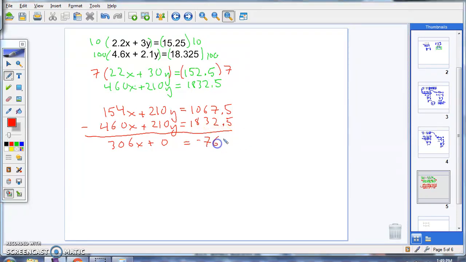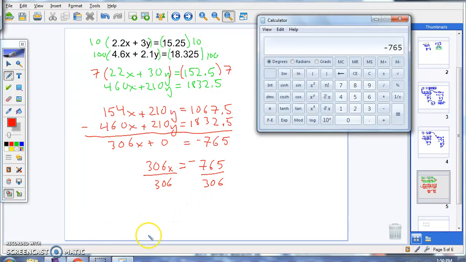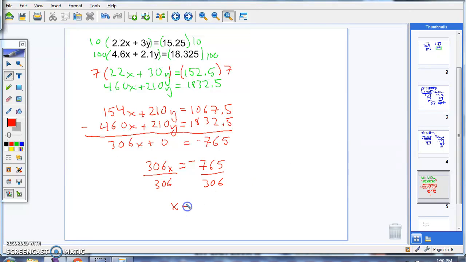So negative 306x is equal to negative 765, and you can divide by 306. Now here's what I know: 765 divided by 306 is 2.5. So x is 2.5.